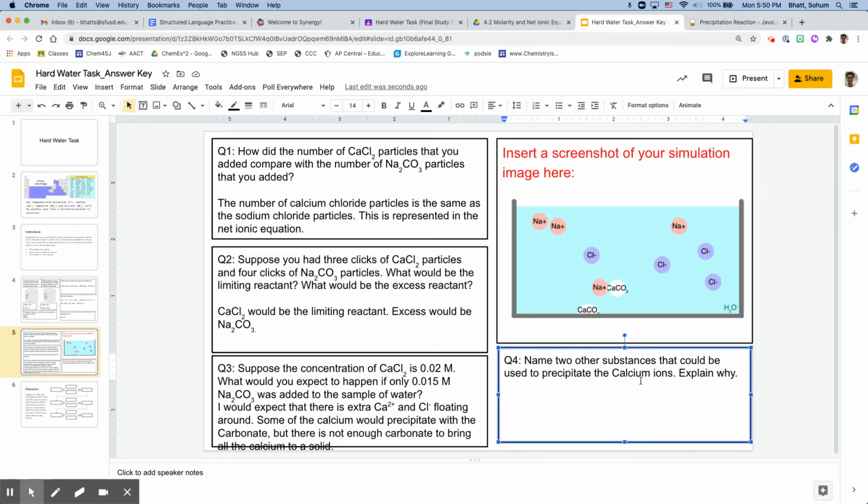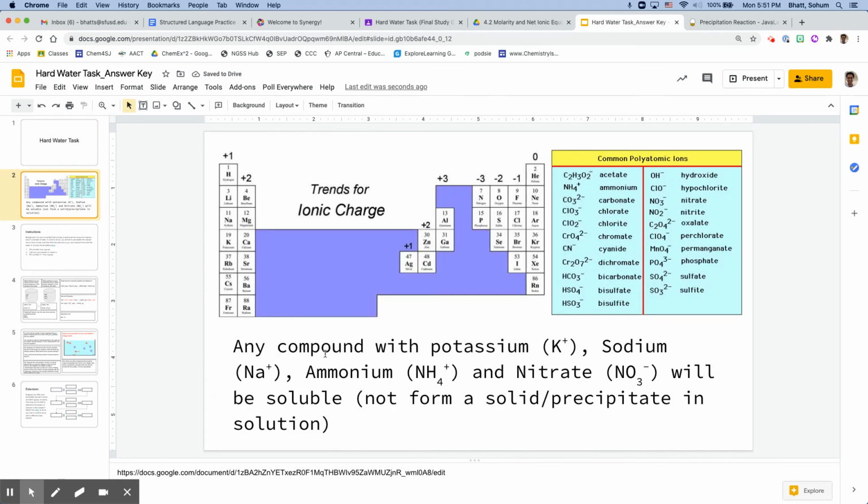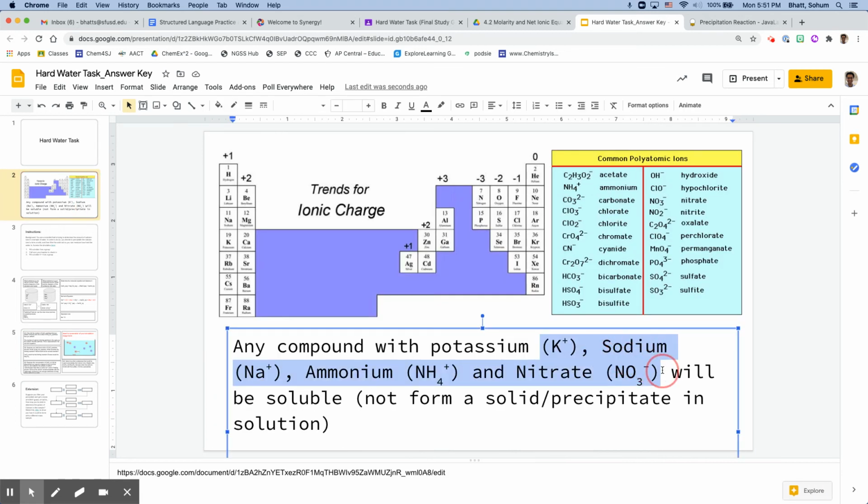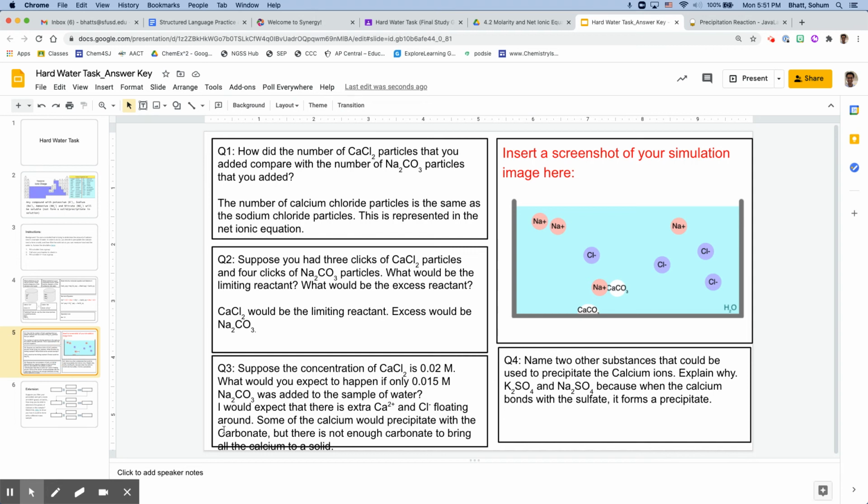So you could say K2SO4 and Na2SO4, because when the calcium bonds with the sulfate, it forms a precipitate. And the reason that happens is because, once again, in that compound, we don't see any of these substances. And so we know it's going to form a precipitate.